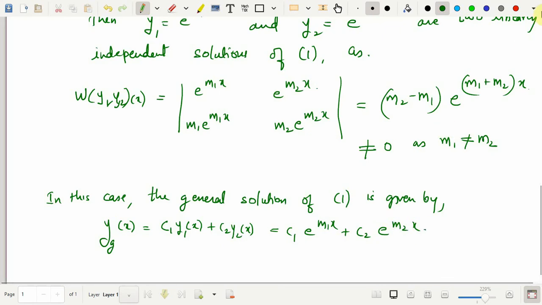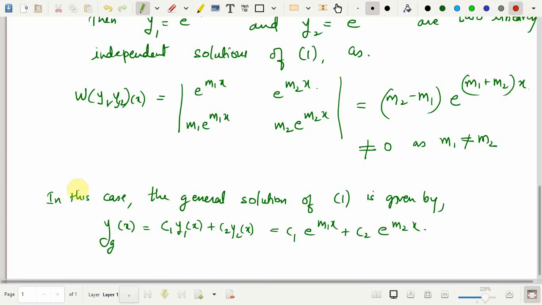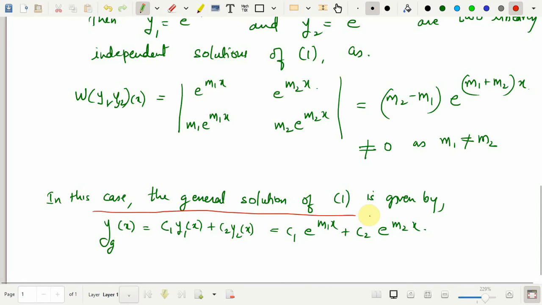So this I would put in a box because at the end when we want to see the solution of the differential equation we might be using this.